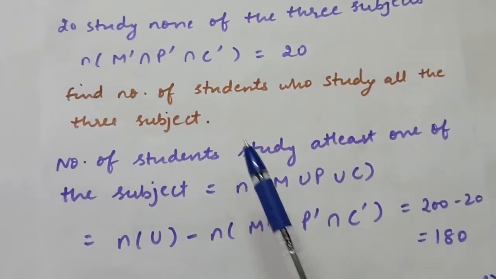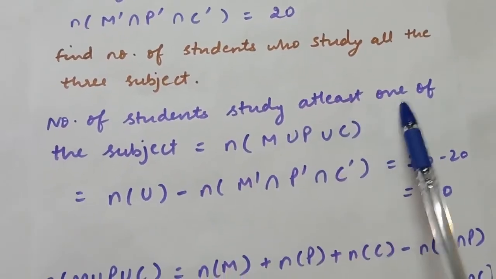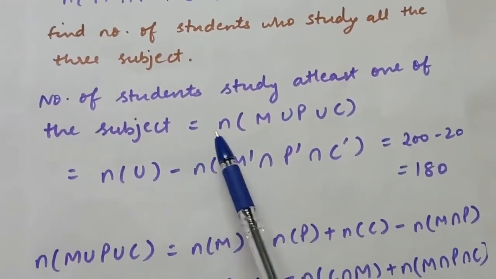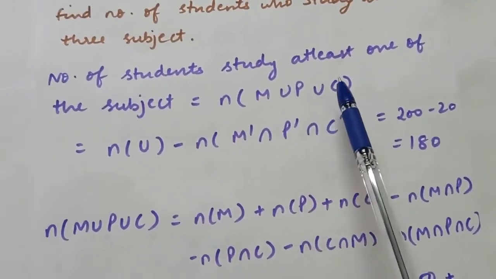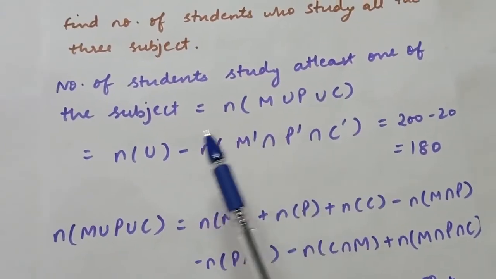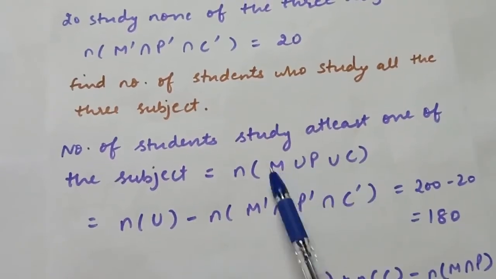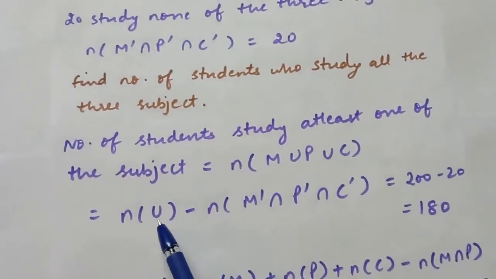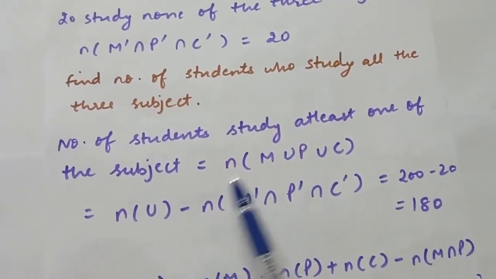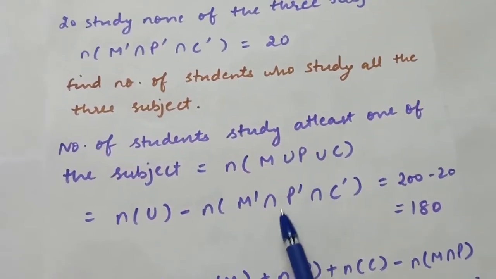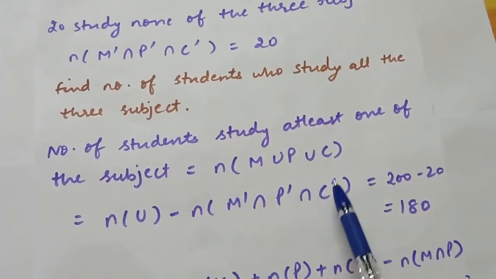So for this, first of all, we will find union. That is, number of students studying at least one of the subjects, which will be number of elements in M union P union C. Now this will be equal to number of elements in the universal set minus its complement, and its complement will be M complement intersection P complement intersection C complement.